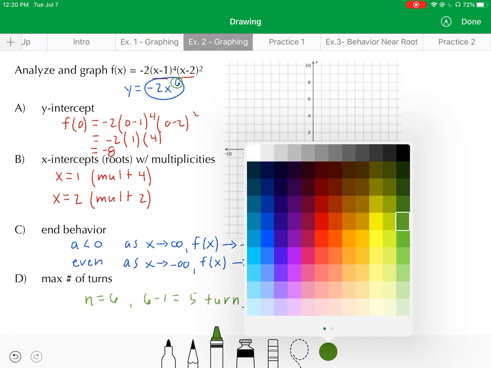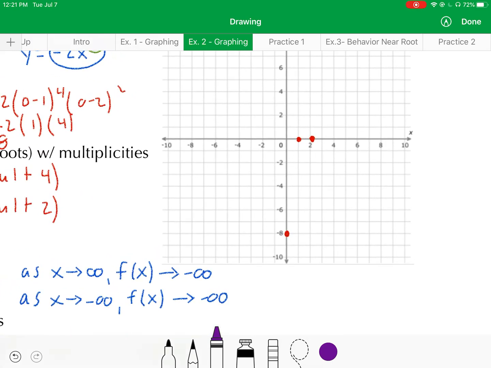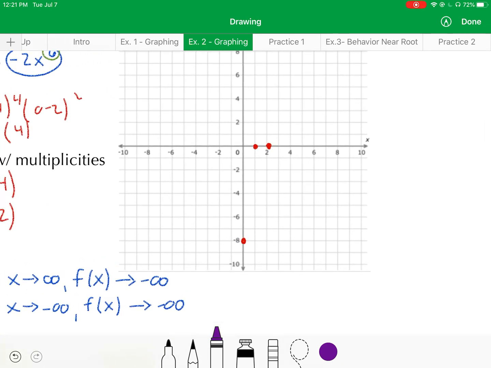Okay. Now let's put it all together. So I know I'm supposed to be low on both ends, and at both 1 and 2, I should be touching and turning around. At x equals 1, I should be a little bit flatter than I am at x equals 2, okay?